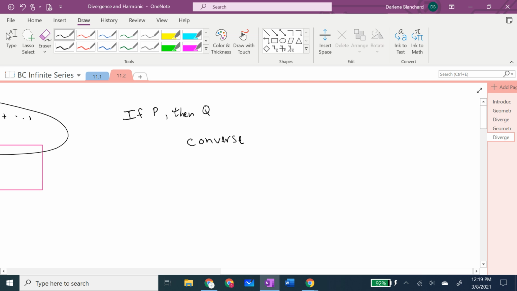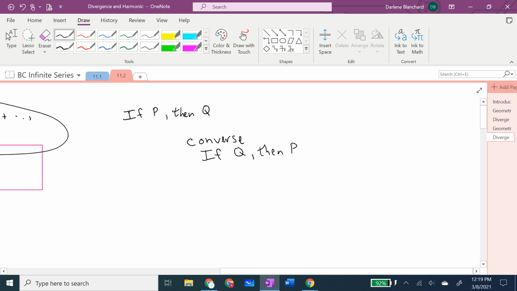Anyone know what converse means in a logical if P then Q? Why does everyone say it's a shoe? Oh my goodness. Okay. The converse statement is if Q, then P.